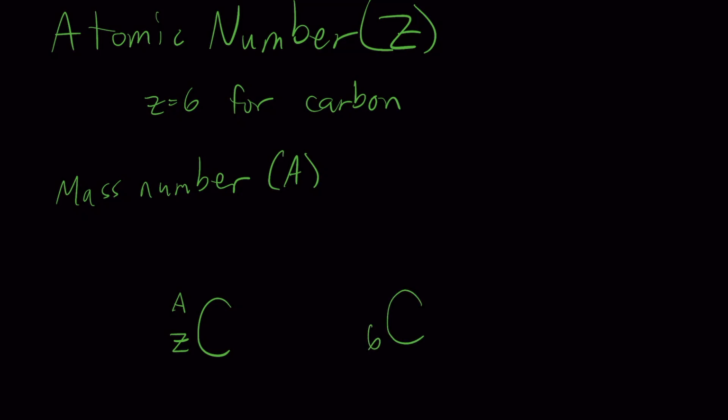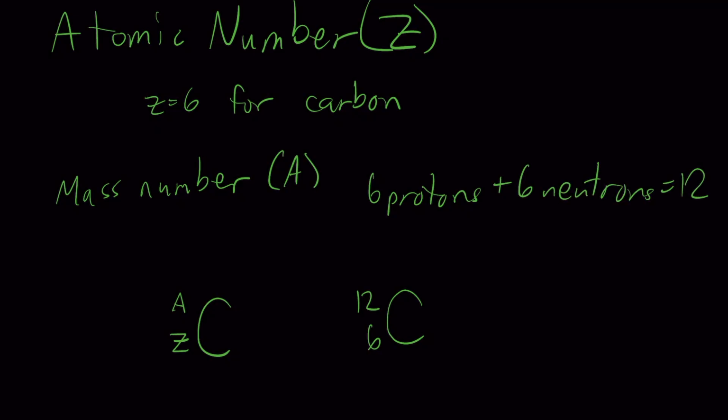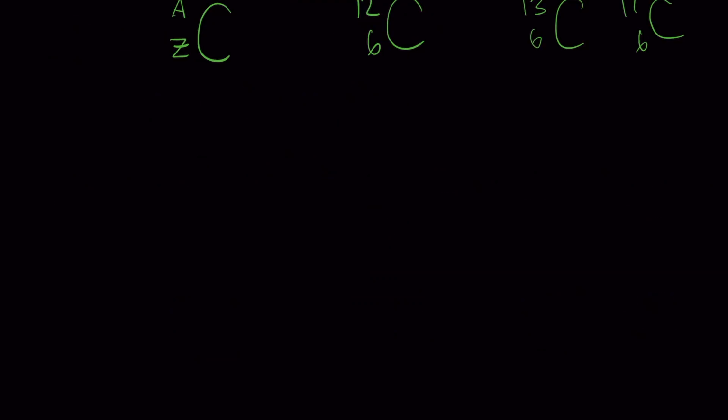A is the mass number. Normally the protons and the neutrons should be equal to each other, so that would be 12: 6 protons plus 6 neutrons equals 12. This is where we got that 12 from. Now in an isotope, we'll have 13 or 11.